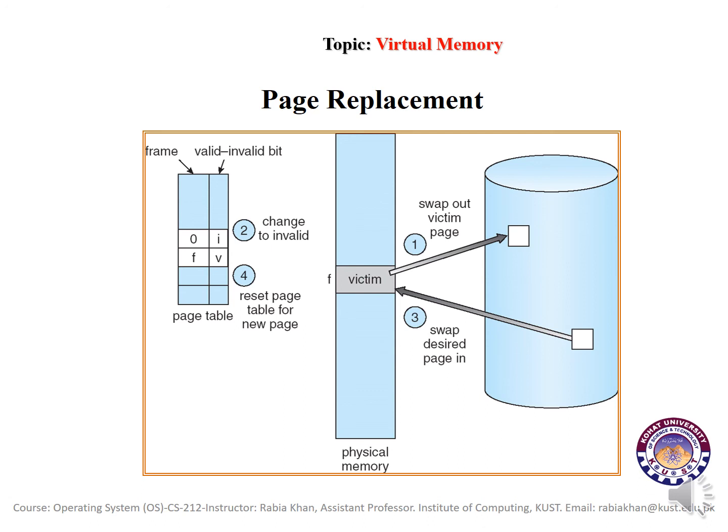The required page then is brought into RAM from secondary storage as shown in step 3, and its respective entry in the page table is updated from 0 to 1 as shown in step 4. So an old page has now been replaced with the new one.